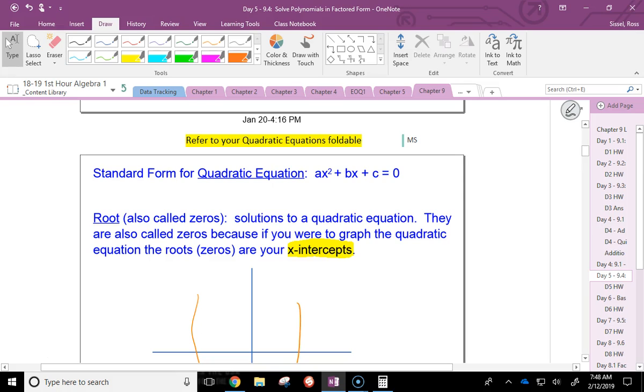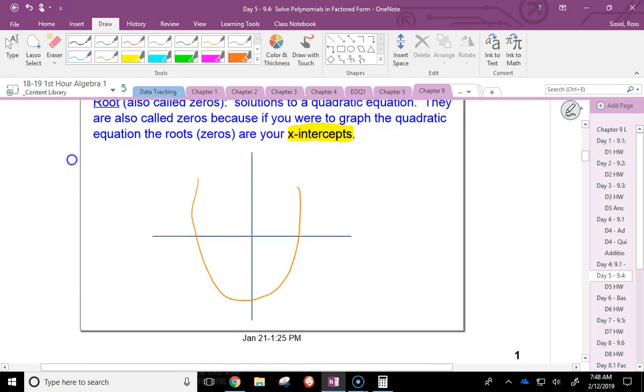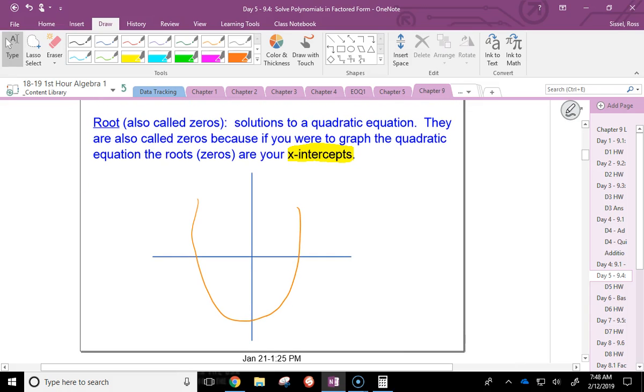If you open up the first cover, it tells you right here what a root is. A root, which is also called a 0, is a solution to a quadratic equation. They're called zeros because if you were to graph the quadratic equation, the roots or zeros would be your x-intercepts.